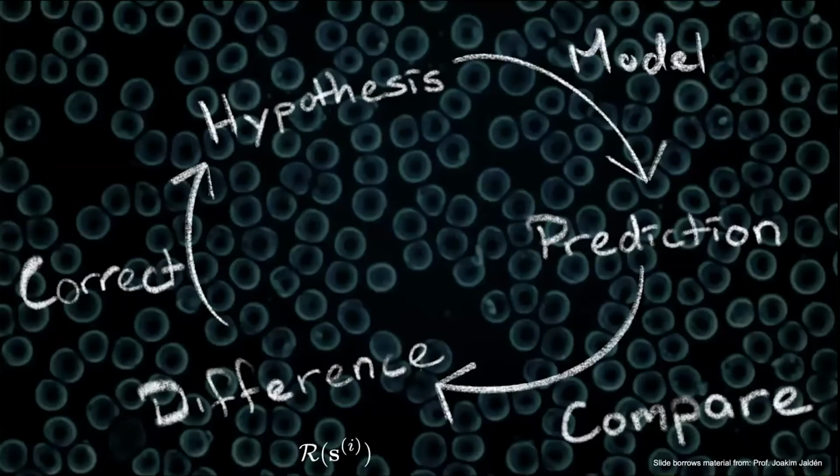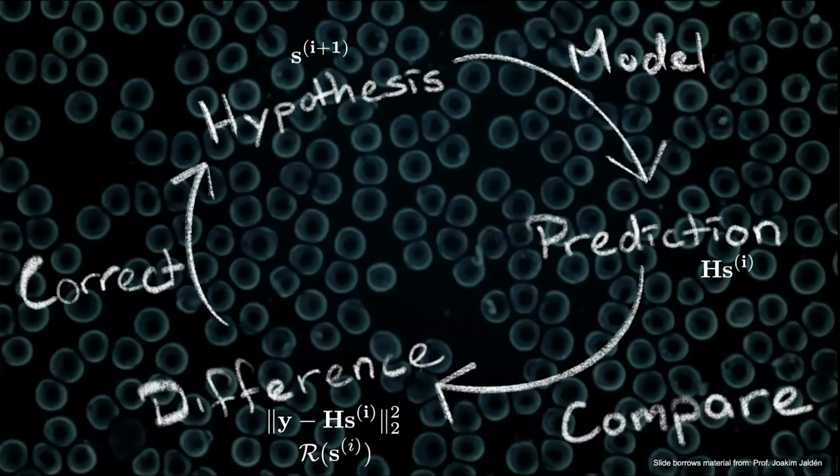So basically, it works like that. You have a hypothesis, which we are going to call S, and you pass it through your model of the physics, H. You compare with what you have. So you basically compute this difference between what you observed and what you predict that you should have observed. And you also compute how good your hypothesis is according to your regularization.